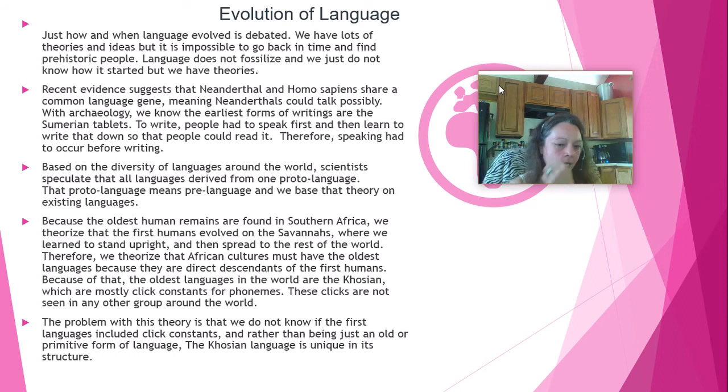And so specifically, we have the Khoisan language, and the San, or maybe you know them as the Bushmen of the Kalahari Desert, that cultural group in Africa, they use this language, and basically they have clicks for phonemes, okay?